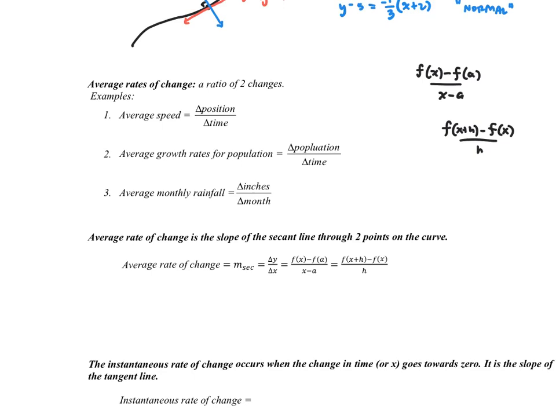So really we have a change in one variable, so this would be our change in y over our change in x. And that's all that an average rate of change is.